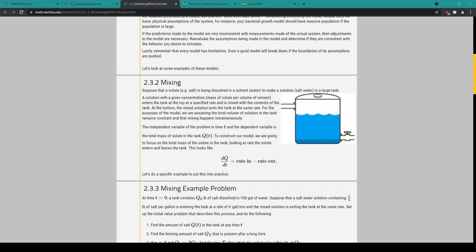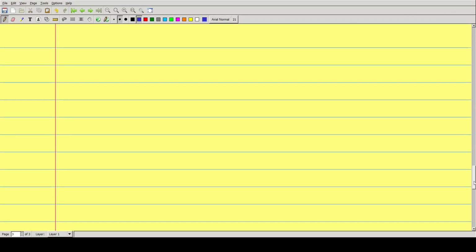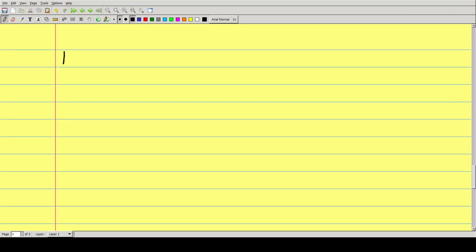All right? And so what we're going to be looking at is we have our tank. We have the pipe into the tank, the pipe out of the tank, and the bottom of the tank, and some stuff in here.